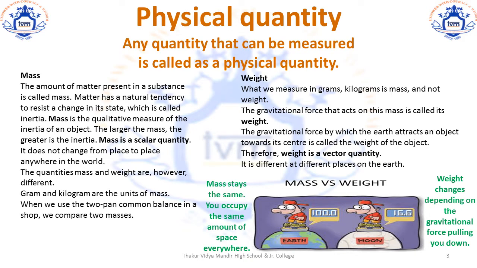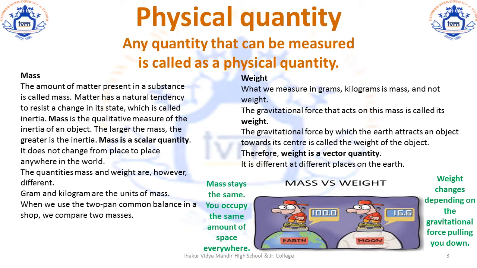Now mass does not require any particular direction. You will remain the same in north, south, east, west, right or left position. But weight is pulling you downwards. There is a direction that is required for you to weigh something. It's downward. So weight requires direction as well as magnitude, something that has to be pulled or pushed in a certain direction. Mass is just something, okay?